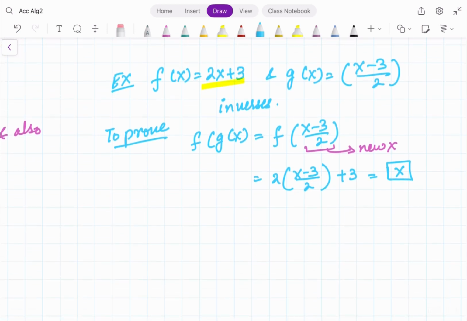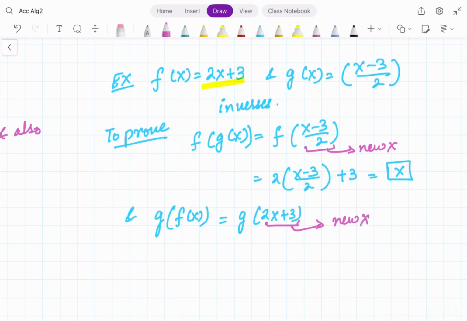I will do the same thing with g composed with f. And if g composed with f also gives you x as the answer, that implies that f of x and g of x, they are inverses. Now this is 2x plus 3. This is your new x. And you will plug new x in g of x function. So g of x function is (x minus 3) over 2. So instead of x, we are plugging 2x plus 3, minus 3, over 2.